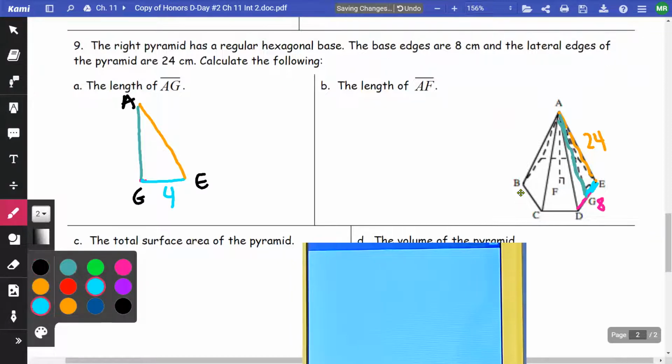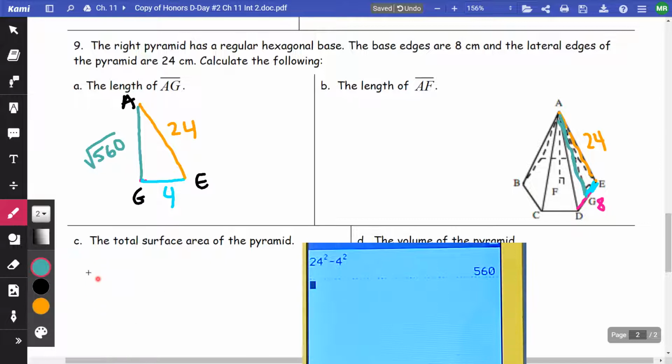It's going to be half of DE. I know that this is 24, and I need to find my teal. So I'm going to take 24 squared minus 4 squared, and I get 560. So it is going to be the square root of 560.